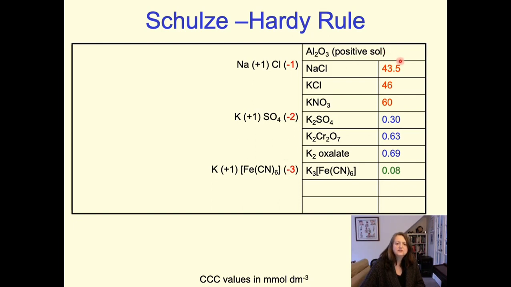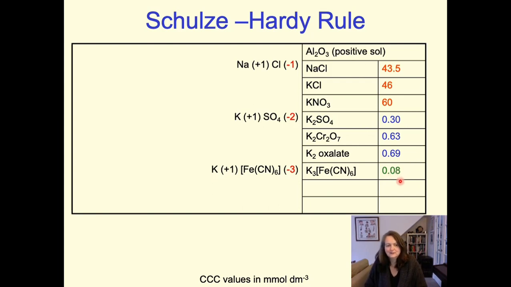So as you go from a negative ion of -1 in the first three examples to -2, we're seeing roughly a 10-fold change in the amount of the electrolyte that's needed to cause flocculation. And again, we're seeing a similar change as you go from a negative ion that's got a charge number of 2 to a negative ion that's got a charge number of 3.